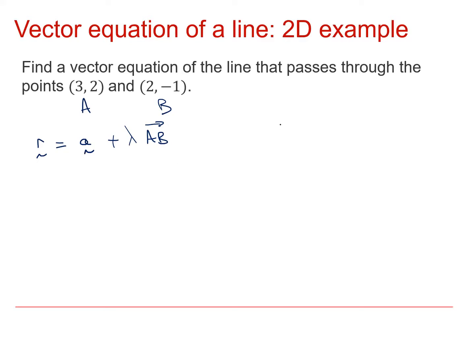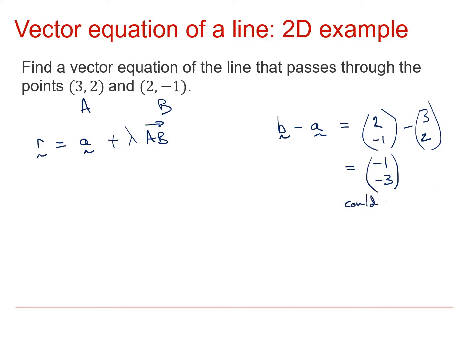A to B is just simply B minus A, which is 2, -1 take away 3, 2, which gives me -1, -3. Now, remember, this is the direction of the line, and in fact, anything that's parallel to that can be used. So I could use 1, 3 if I wanted to avoid having minus signs in both of the components.